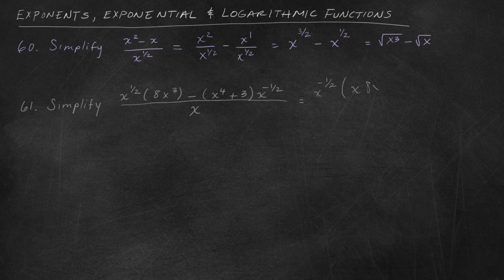And then 8x cubed. Minus, and same thing here, I'm dividing by x to the power negative 1/2, so I'm just left with x to the 4th plus 3. And still all over x.